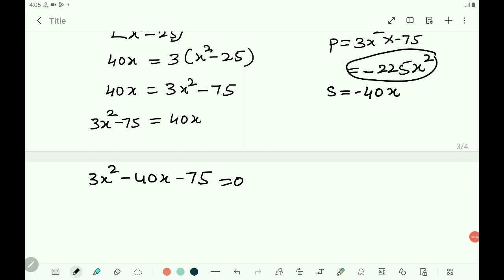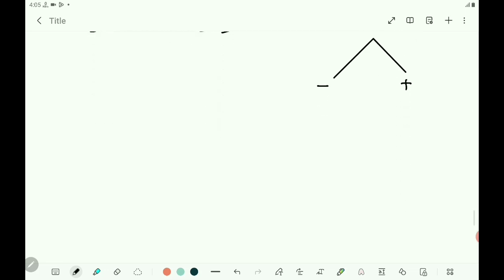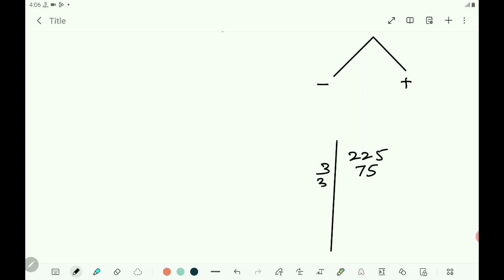Here the product is having negative sign, then the factors are having different sign. Greater factor is having the sign of the sum, that is negative. Then you write the factors of 225. Factorize it: 225, 3 5s are 15, 3 5s are 15, 5 5s are 25.